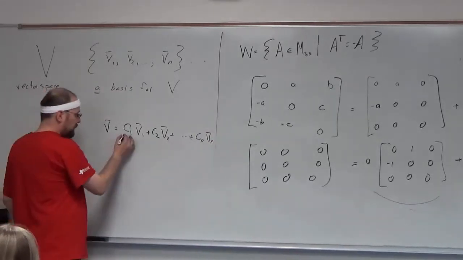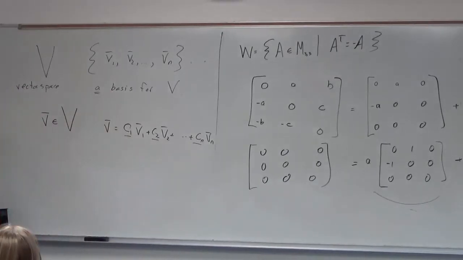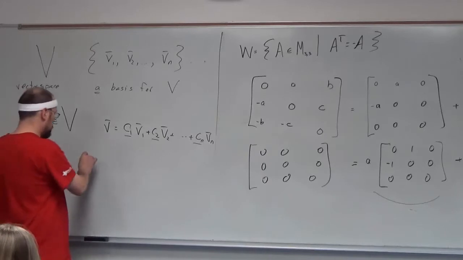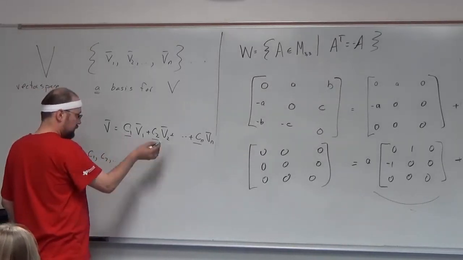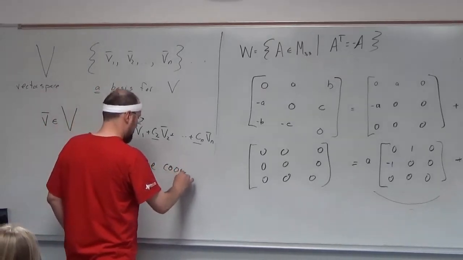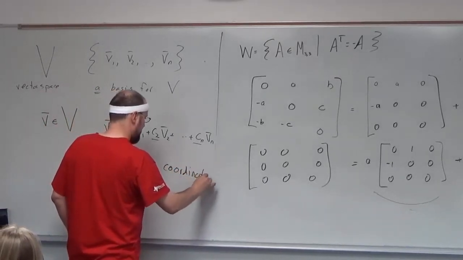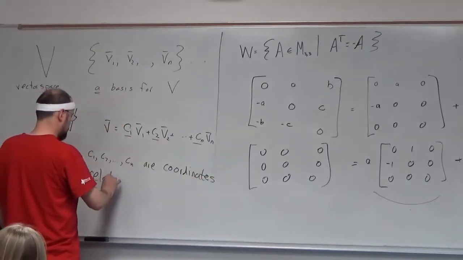And these are the coefficients in that linear combination, correct? Those coefficients are known as the coordinates relative to the basis. So these coefficients, C1, C2, in this linear combination are the coordinates relative to the basis.